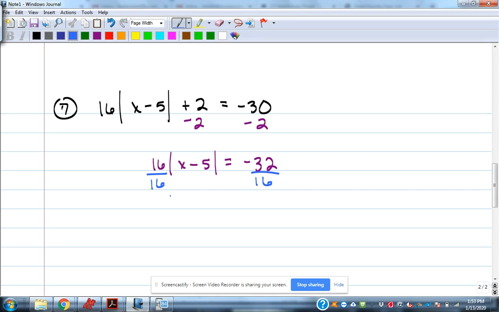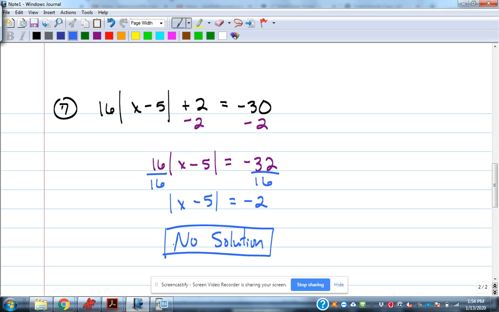Good job. And that is going to get an absolute value equal to negative 2. Now we can decide that that's no solution. You cannot decide whether it's no solution until you look at it with the absolute value isolated. Just make sure that's what you're looking at to decide if it's no solution or not.